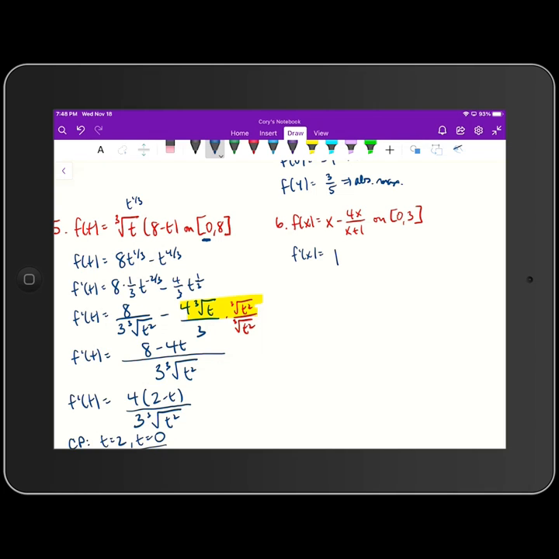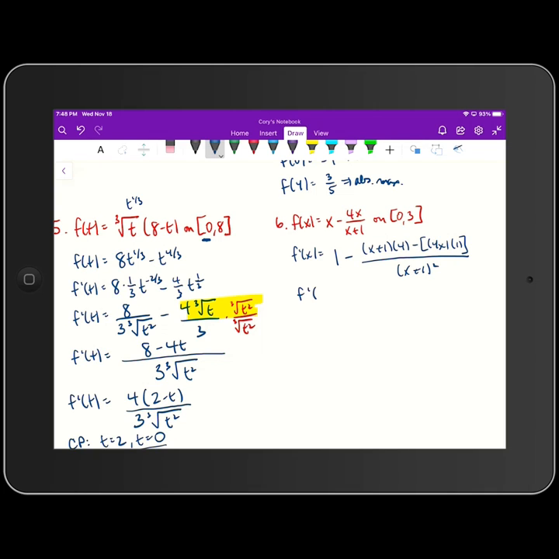So the derivative of x is 1 minus, and then I'm going to use the quotient rule to take the derivative of 4x over x plus 1. So that's going to be low d high, the derivative of the top function is 4, minus high d low, the derivative of the bottom function is 1, all over low squared, which is x plus 1 squared.